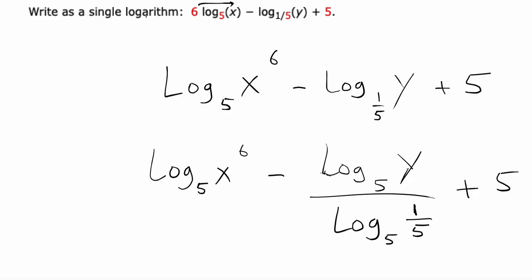All right, so that's just the change of base formula. The point is that I didn't like the 1/5, so I introduced a log of my choice so that it matched with this guy, and I just divide by the log of the base that I didn't want.